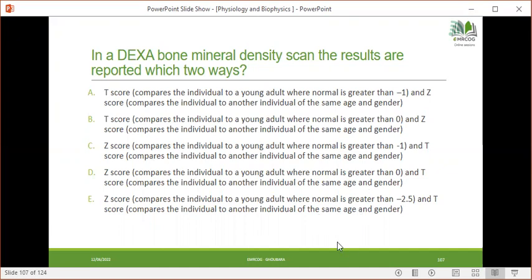But we have a question here about the DEXA scan. The DEXA scan reports in two ways, by the way. Now, if you are going to order a DEXA scan for your patient, the report will come with both T-score and Z-score. Okay?